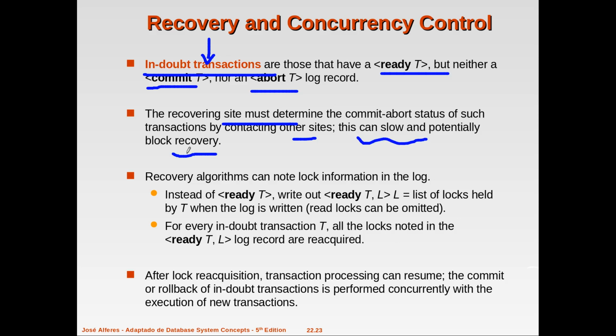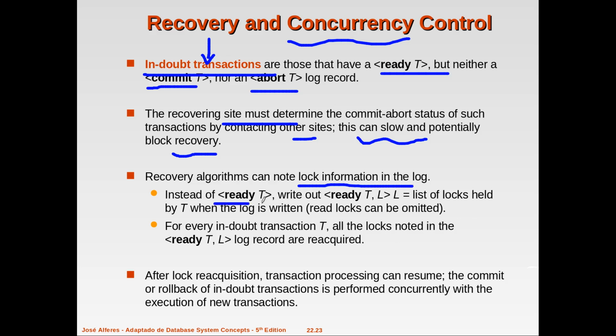Now, in order to make the recovery process easier, the algorithms used for recovery, in order to maintain concurrency control so that the same data item is not accessed by different transactions at the same time, will add some additional information to the messages that are sent to the coordinator site.